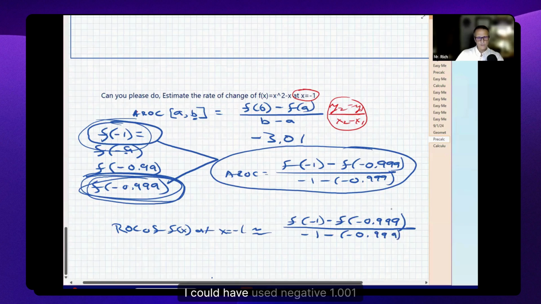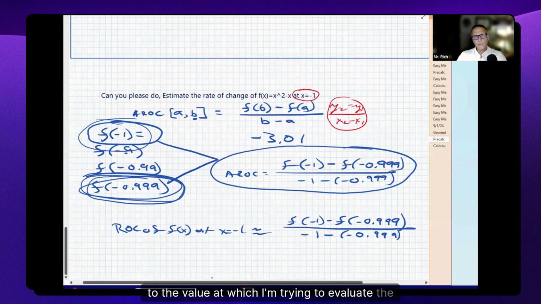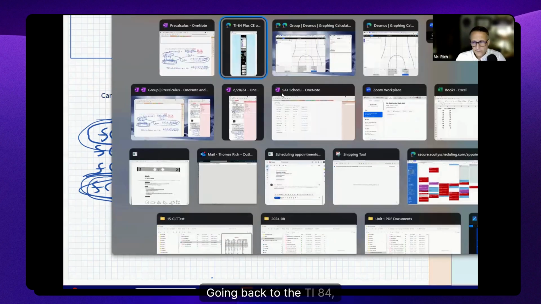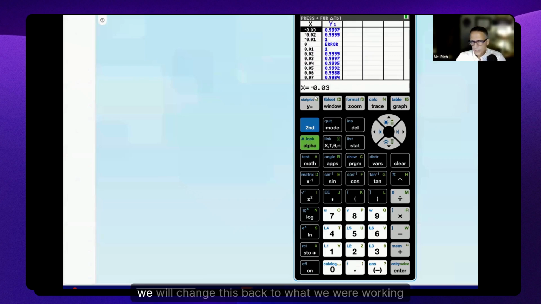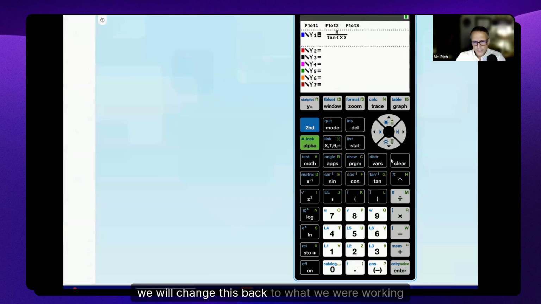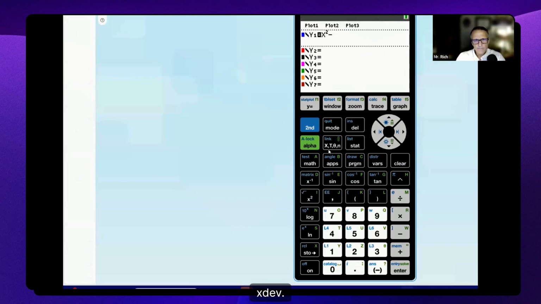Now, again, I could have used -1.0001 here. Doesn't really matter. I'm going to get the same result. I just need to pick a number that is super close to the value at which I'm trying to evaluate the rate of change. Going back to the TI-84, we will change this back to what we were working on, which was x squared minus x.